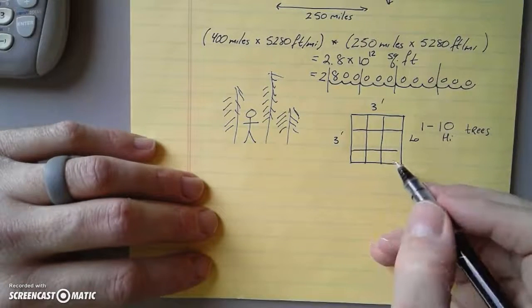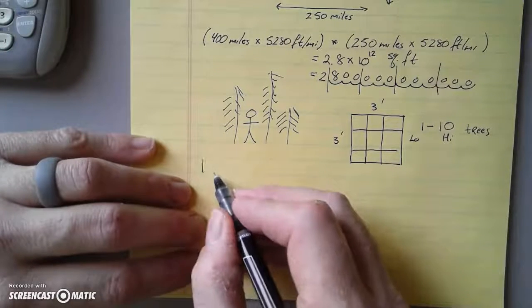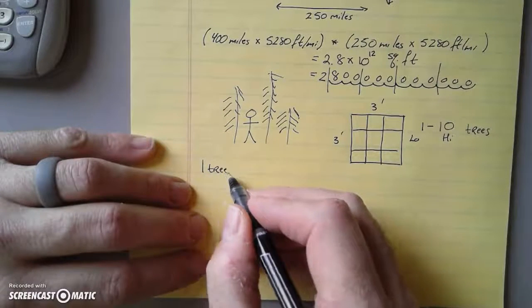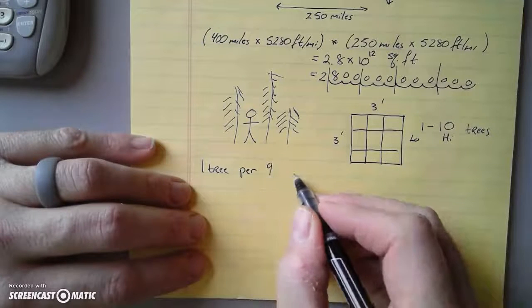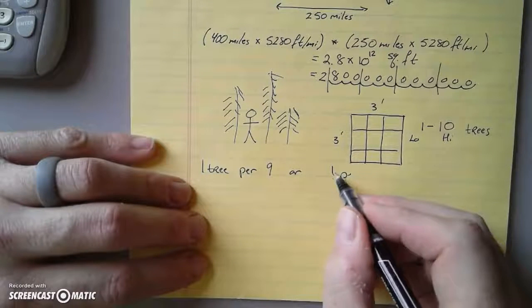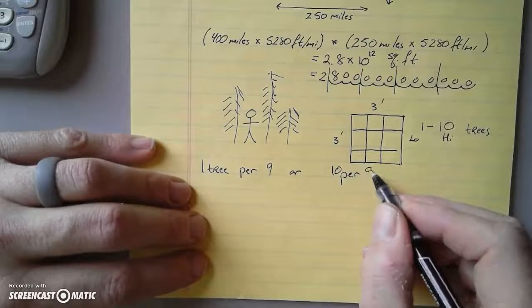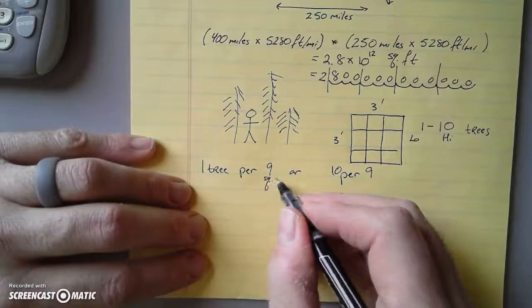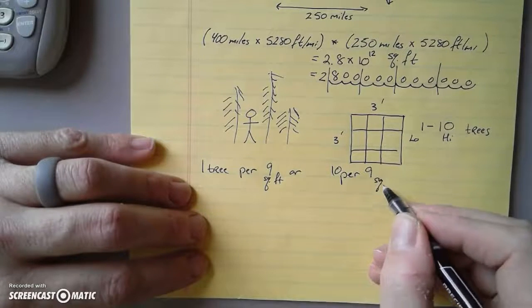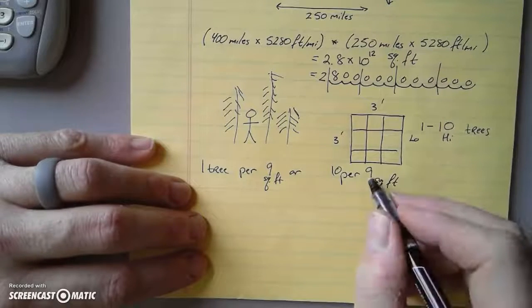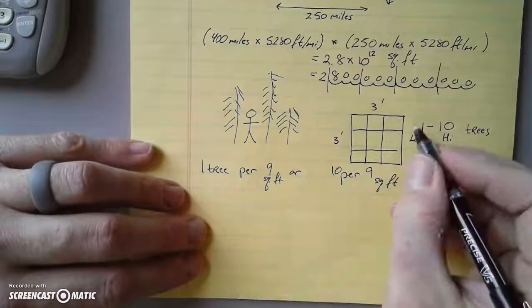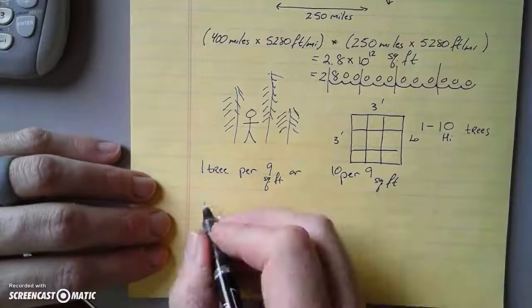So this is per 9 square feet. So I could say 1 tree per 9, or 10 per 9 square feet. And I'm actually going to make this a little easier. 9 square feet and 10 square feet don't differ substantially.